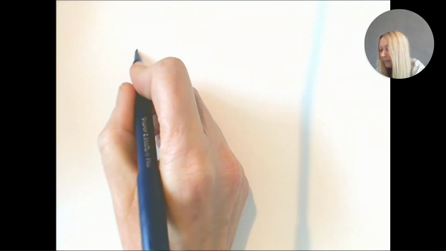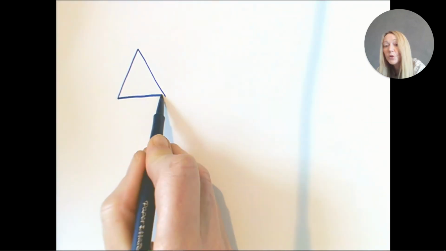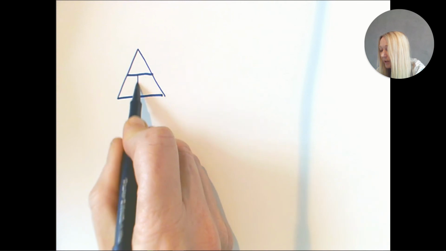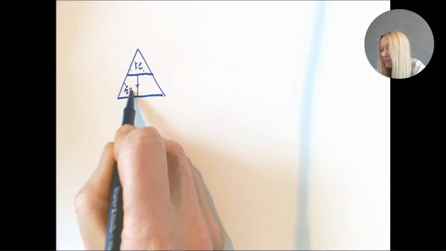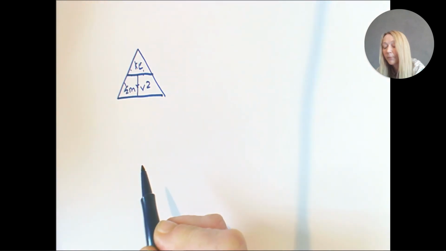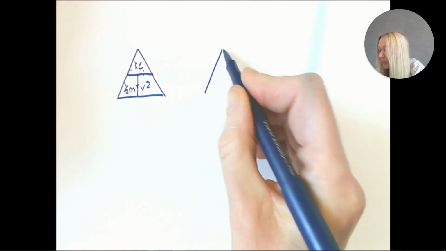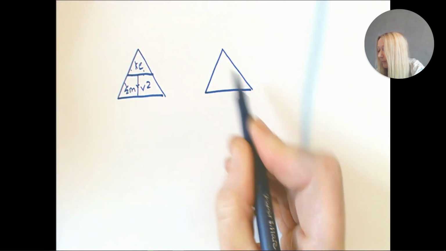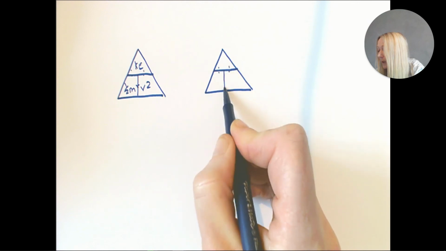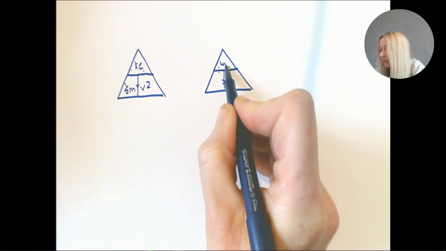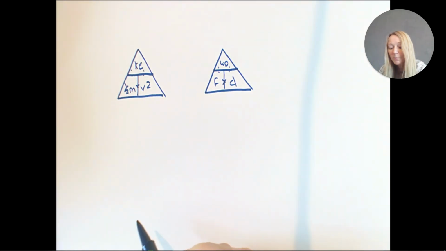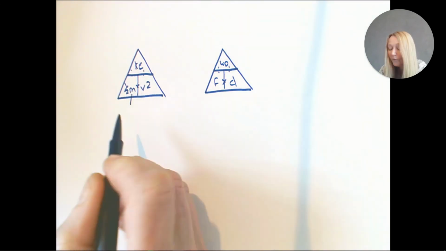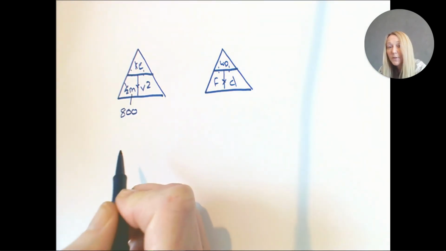Okay, so for the first question, again, the first thing we're going to do is put in our triangles. So we have the kinetic energy, remember divide line times line, half mass times velocity squared. We also need to link that in with the work equation. So again, we have work done equals force times distance. So the first part of the equation was the mass, and they gave us a mass of 800 kilograms.